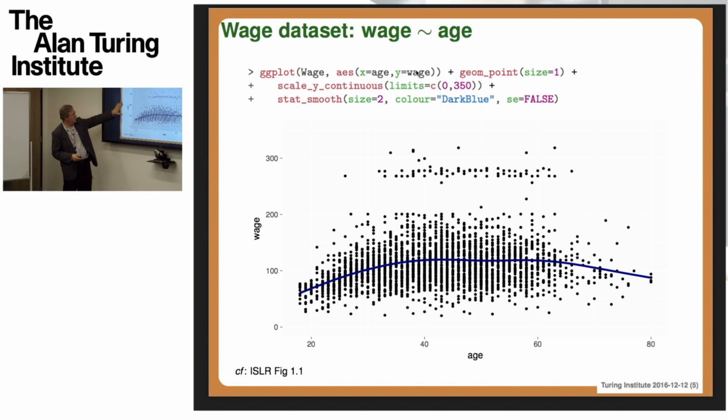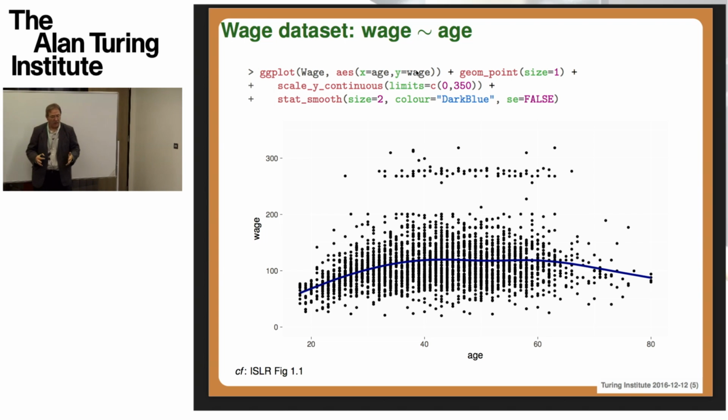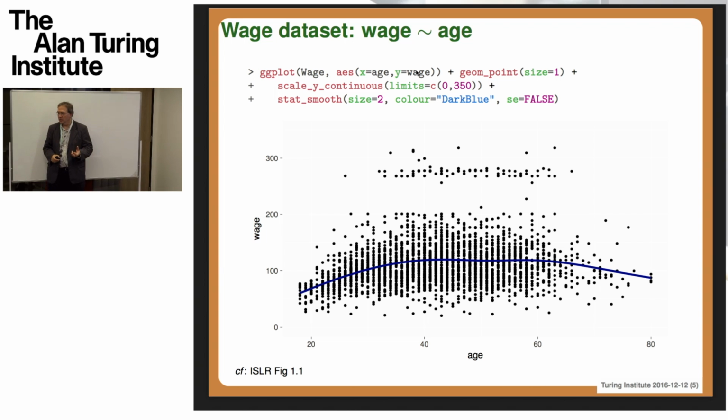The way I've produced that graph is using the command at the top there, which is a set of commands in R, which use a package called ggplot2. I'd quite like to illustrate many of the things we do using this ggplot2 package, because I think it offers a very nice range of facilities for building really quite good quality statistical graphics.